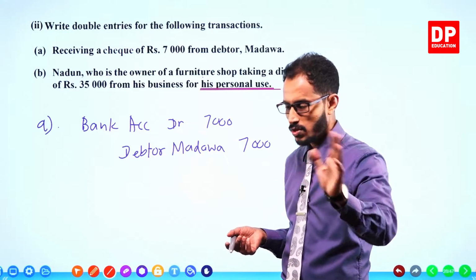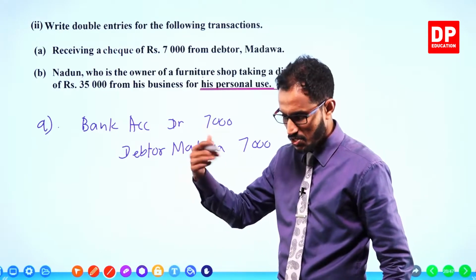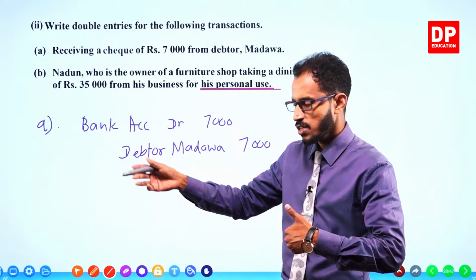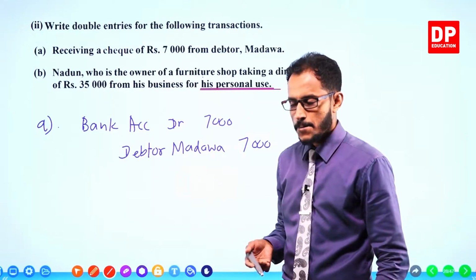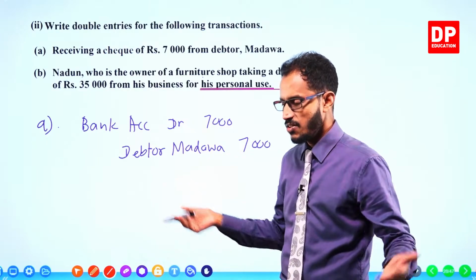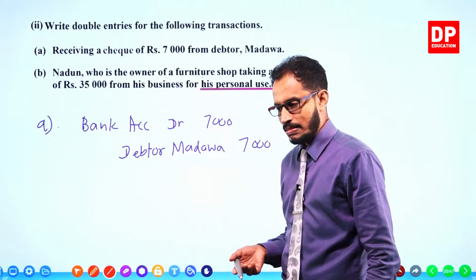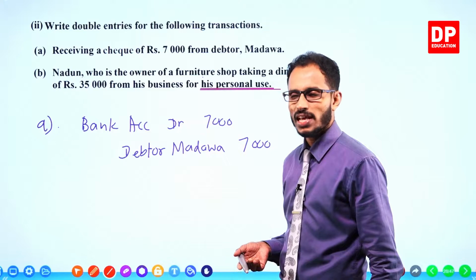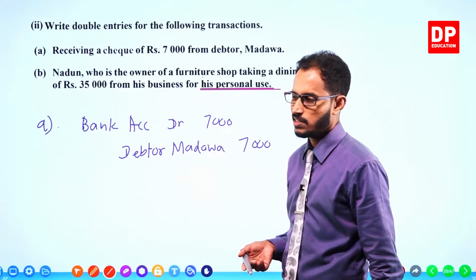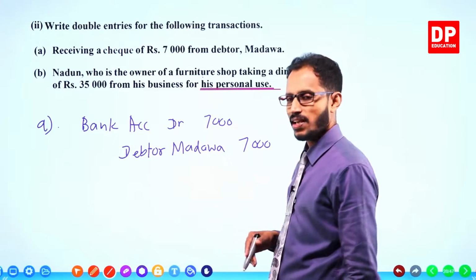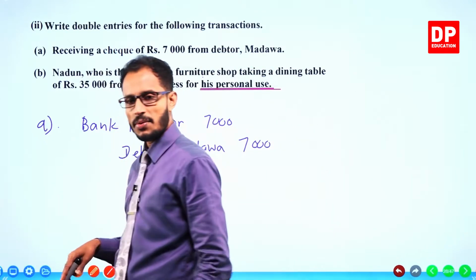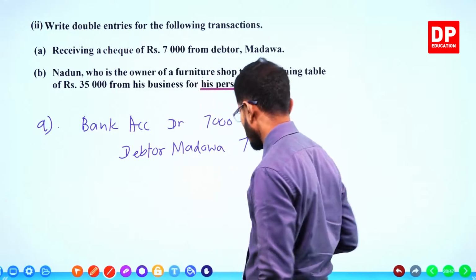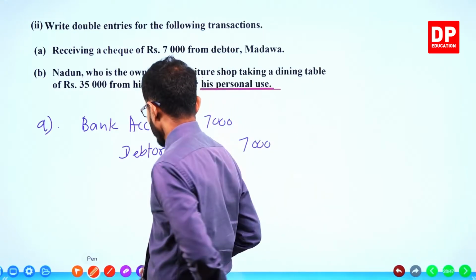I don't like when owners come to the business and take the business resources, assets, goods and even cash, whenever they want, wherever they want, however they want. It's damaging to the business. Drawings.